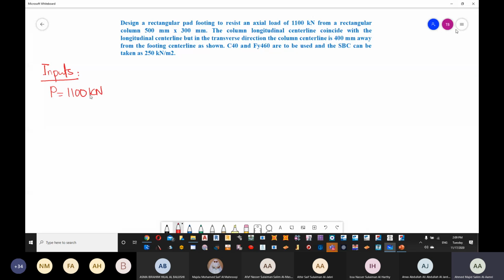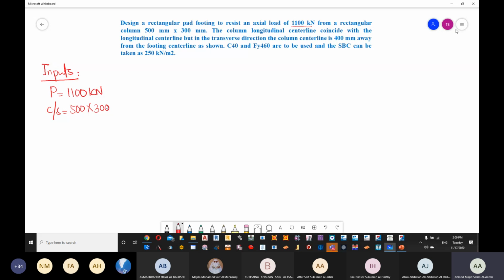1,100 kilonewton has been given, as stated here. And then we have a rectangular column, so we have the cross section of the column. It will be 500 by 300. It says the column longitudinal center line coincides with the longitudinal center line of the foundation. But in the transverse direction, the column center line is 400 mm away from the footing center line, as shown.